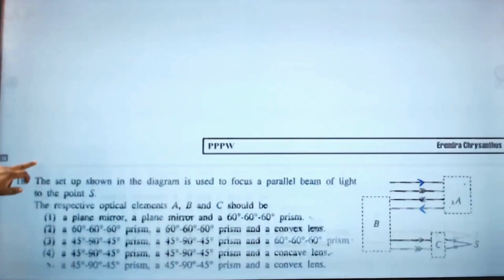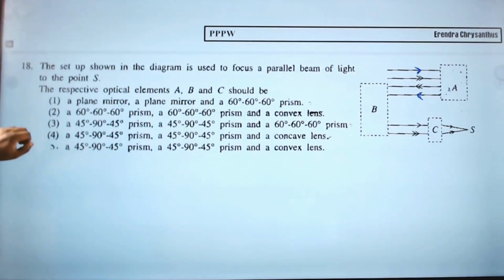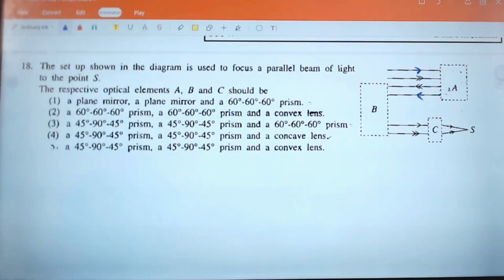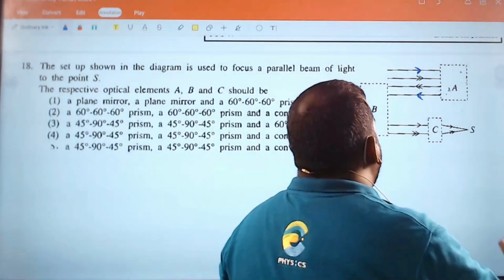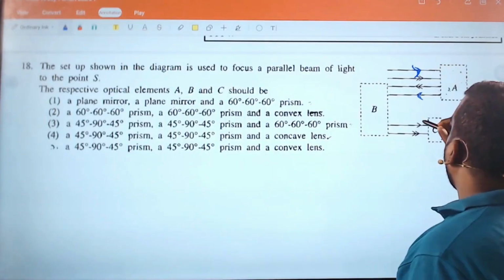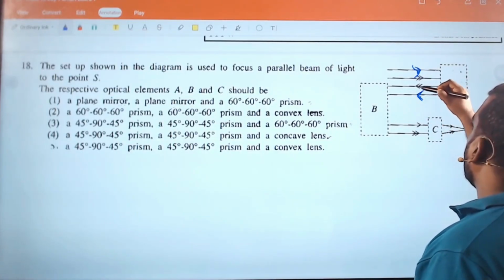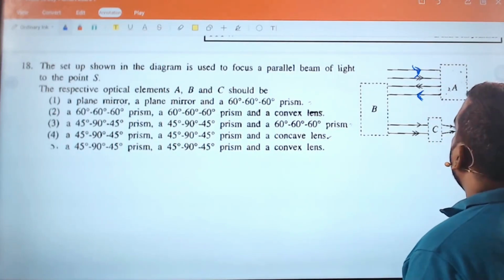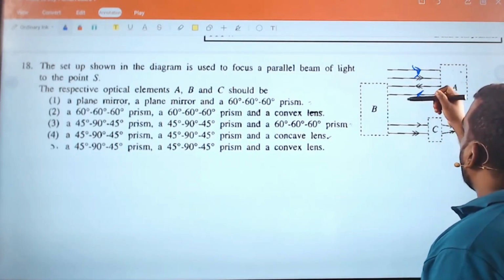Right, moving on. Question number 18. The setup shown in the diagram is used to focus a parallel beam of light to point S. Remember, light ray coming from top goes at the bottom, bottom goes on the top. Guaranteed right angle isosceles. Again, top is going at the bottom, bottom is going at the top.